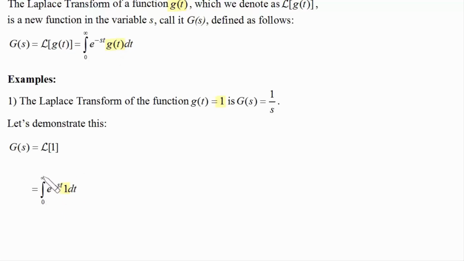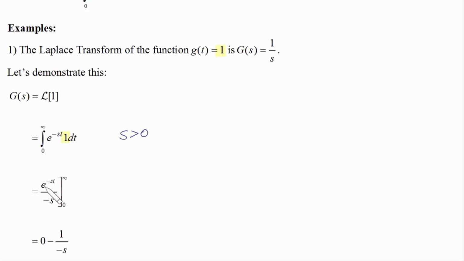Turns out this integral, which is an improper integral, converges when s is positive. So if s is positive, and you'll see in a moment why I say positive. First of all, the integral of this is e to the minus st over the coefficient of t, which is minus s. s is like a constant here. Now when s is positive, then we get here e to the minus infinity when we let t go to infinity, and e to the minus infinity is 0, so the first part is 0 for the upper limit.